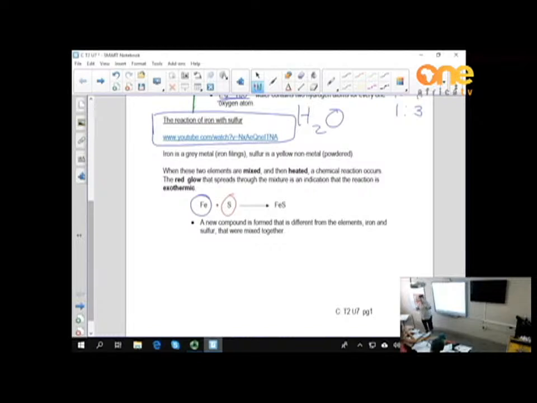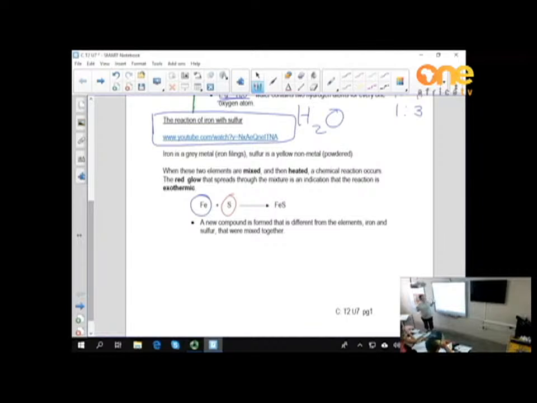And we can see this chemical reaction happen because the reaction, when it gets going, is exothermic and gives off heat, and we can see this heat as a red glow that spreads through the mixture. And you can feel the mixture becomes very hot. That is what the video clip will show us.